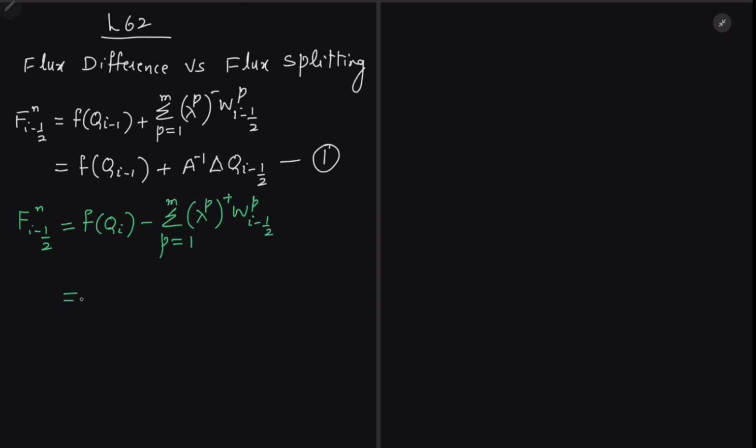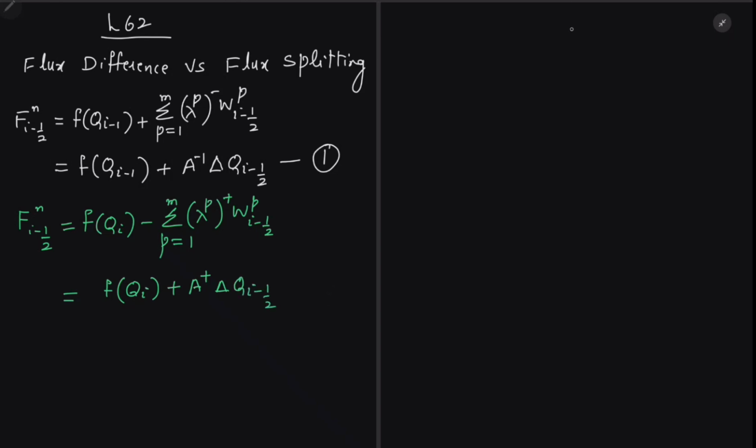And this can be written in one form as f of q i plus a plus delta q i minus 1 half.